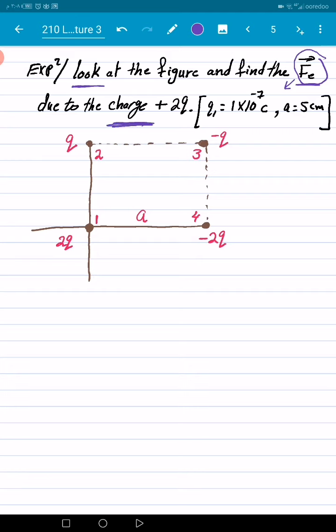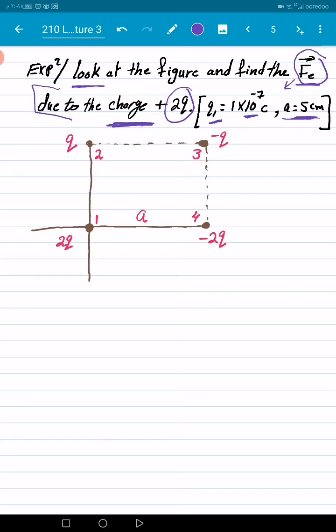The important thing is the force acting due to plus 2q. So that is 2q making an effect with the other charges. Assuming that q is 1 multiplied by 10 to the power minus 7 coulomb, and the distance a is equal to 5 centimeter.